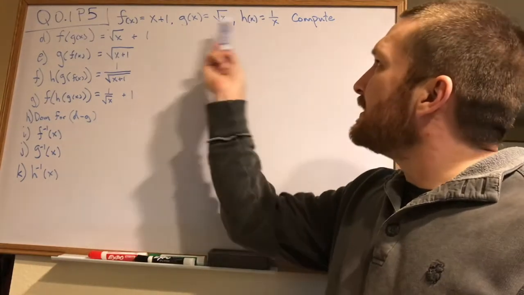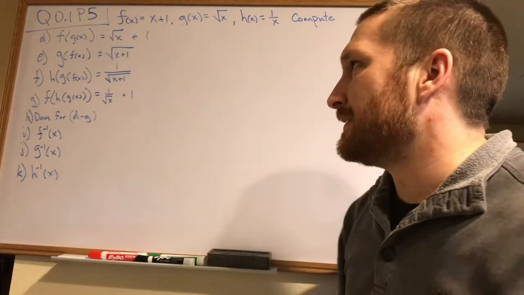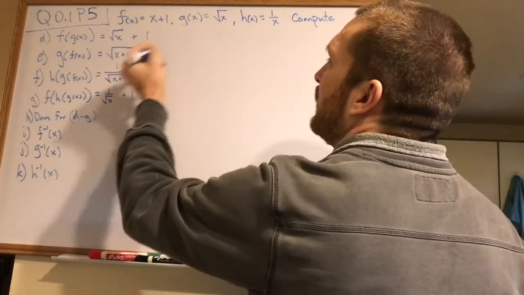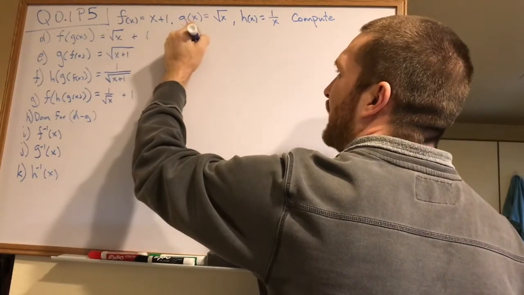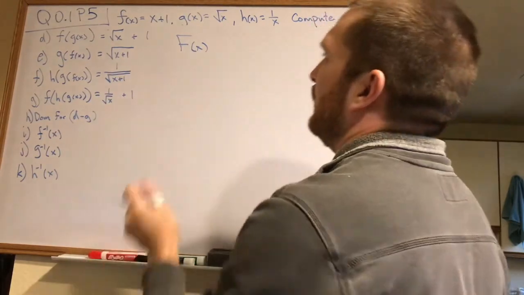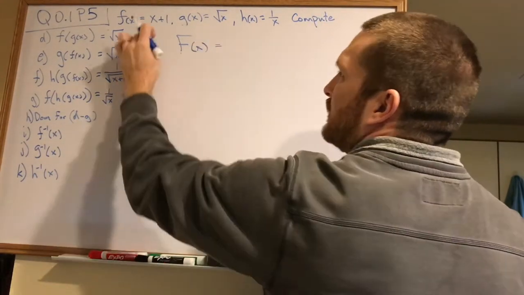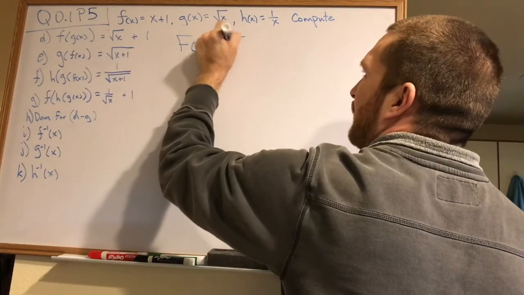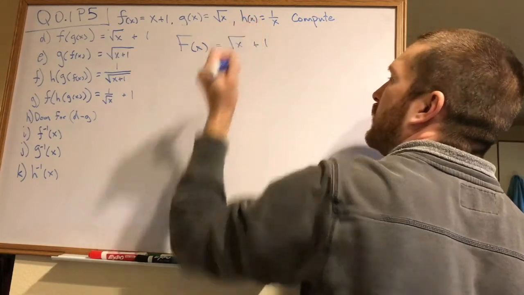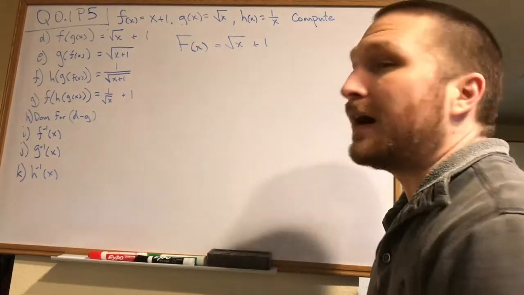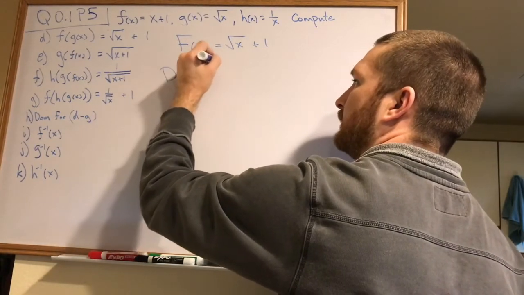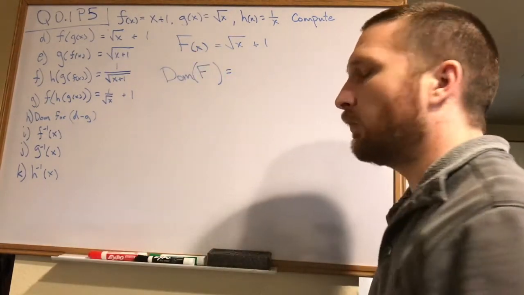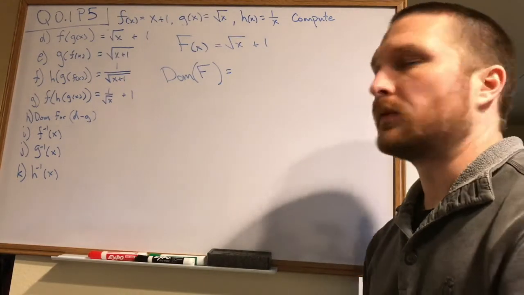So knowing the domains of these guys is going to help us figure out the domains of these. So if I consider this function, I'm just going to give it a new name. I'm going to call it big F of x. That'll help with notation a little bit. I'll say big F of x is that guy right there, the square root of x plus 1. Now, I want to find the domain of big F. And I'm going to say, okay, what are my allowable inputs?